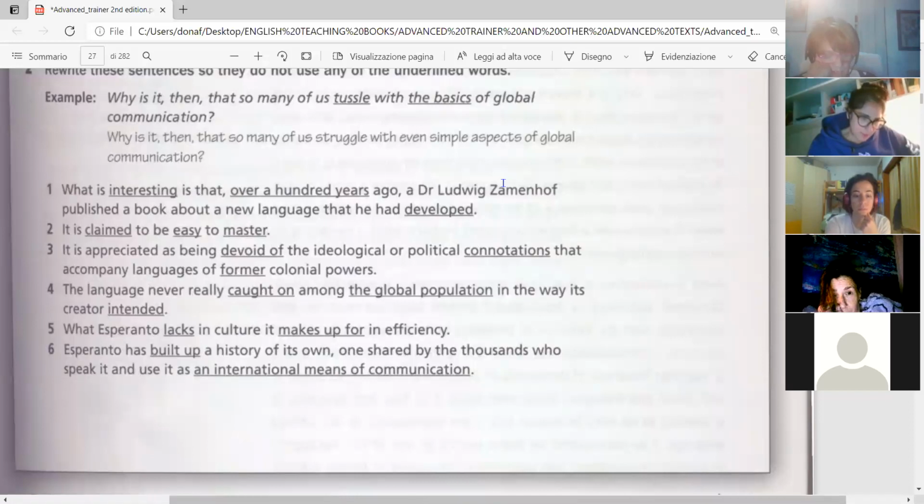What is fascinating is that many years ago, let's say more than a century ago. Okay, more than a century, it is more precise.